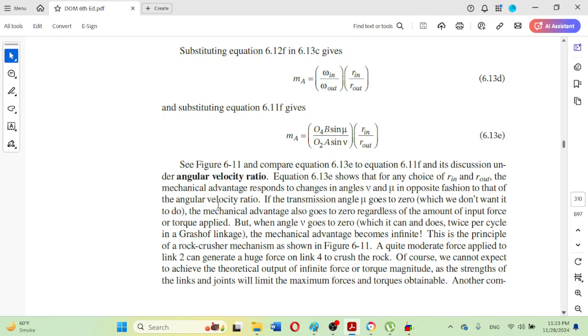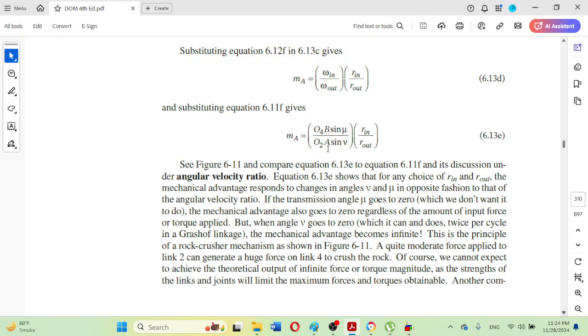It says that the mechanical advantage responds to changes in the angles v and mu in opposite fashion to that of the angular velocity ratio. Because the angular velocity ratio was equal to O2a sine v divided by O4b sine mu, the mechanical advantage depends on the reciprocal of this term.